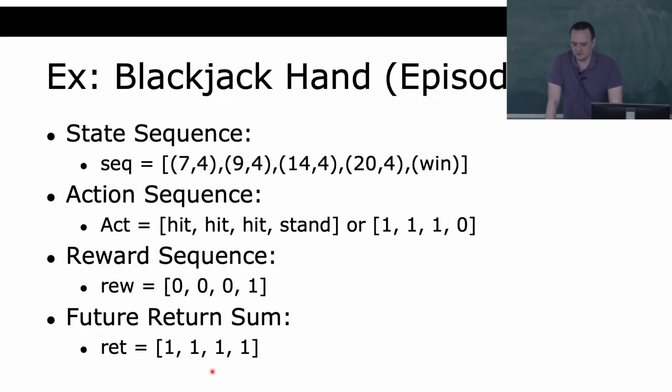So this means that when I go to update my values, my return, which is the thing that I actually use to calculate the value that I'm going to update for the episode, the return for all of these states was 1, because it was a winning state, right? I wouldn't want to update 7-4 with the reward of 0, because then I wouldn't learn anything about what happened, right? Because it didn't draw. It actually went to a winning state. And so that's why the future return sum is so important.